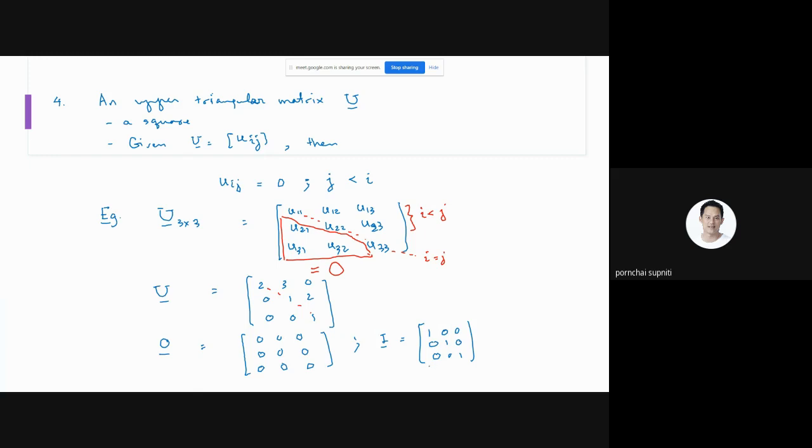Are these two considered lower or upper triangular? Both, exactly, because both of these matrices fit the definition of both lower and upper triangular matrix.